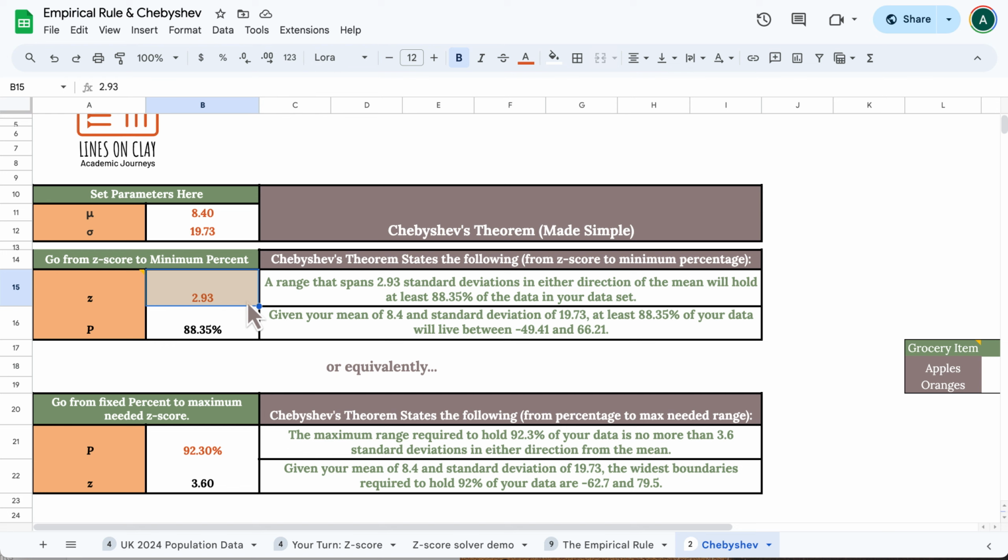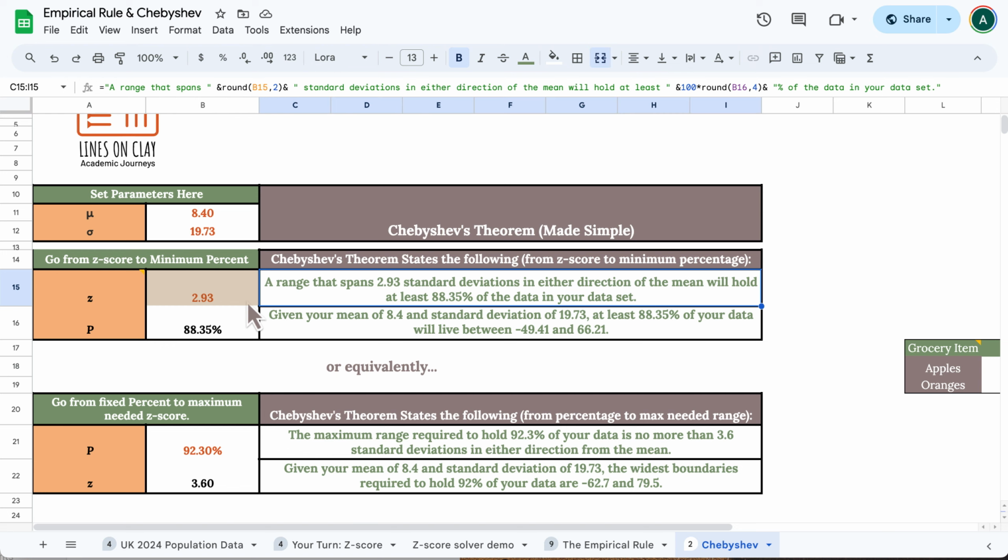What Chebyshev does for me is I enter in those values in the formula and it says a range that spans 2.93 standard deviations in either direction of the mean will hold at least 88.35% of the data in your data set. So given your mean of 8.4 and your standard deviation of 19.73, at least 88.35% of your data will live between negative 49.41 and positive 66.21.